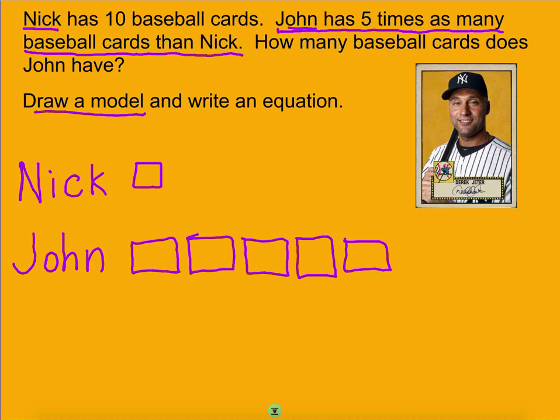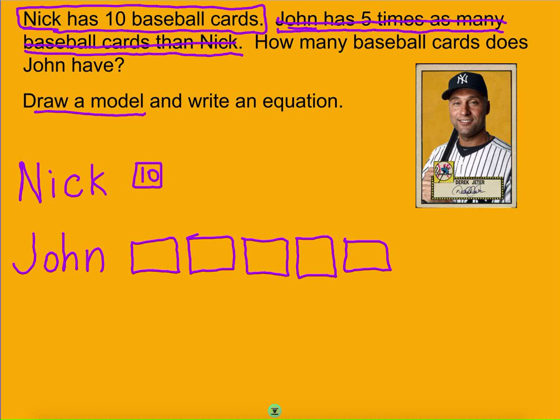And what I'm going to do here is cross out this sentence because we don't need it anymore and we took the information we had from it, right? And now it says Nick has 10 baseball cards. So right now Nick has an empty box. However, according to the word problem, Nick has 10 baseball cards. So in his box, he gets the value of 10 because we already know that.